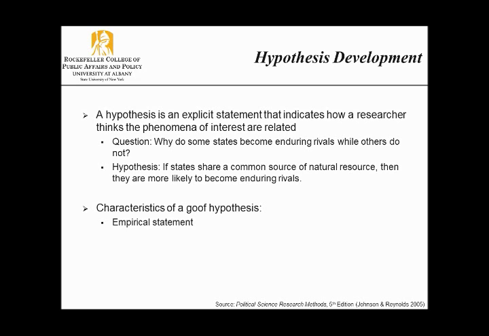Yes. It can be measured as a yes or no variable. Yes, we have a common source of natural resource, or no, they do not. Next, can you measure the dependent variable, the enduring rivalry? Yes, this can also be measured as a yes or no variable. The states are either rivals or they're not.